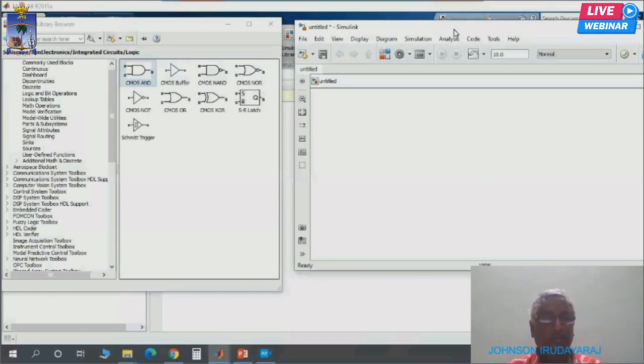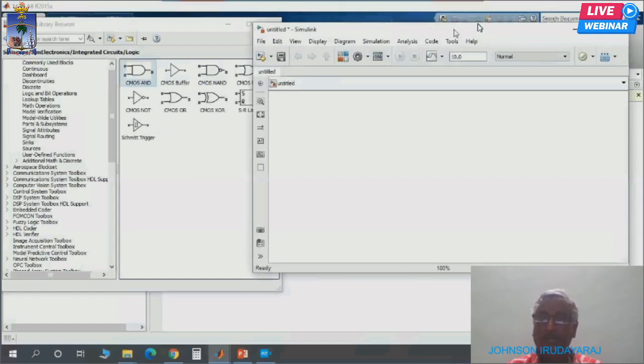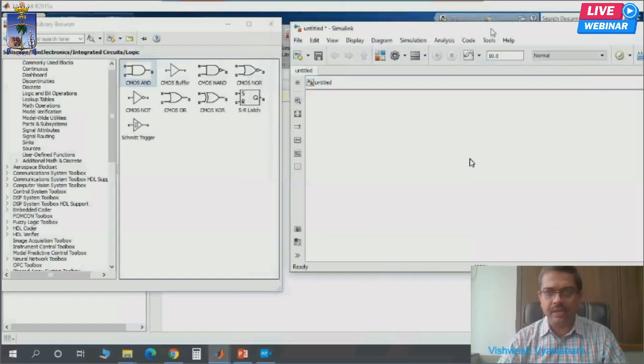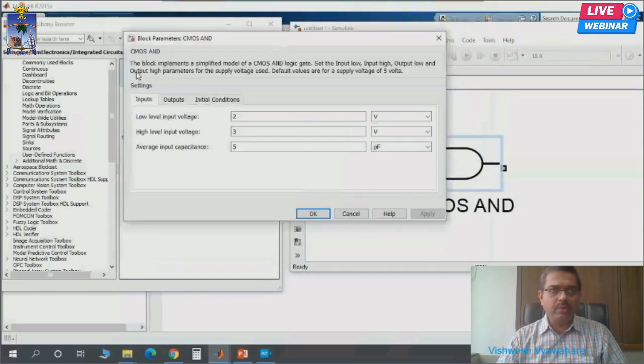So you drag, yes, you see it has come here. So you have got this CMOS AND which has come here. Now you double click on this, it will give you the parameters for it. It says this block implements a simplified model of a CMOS AND logic gate.